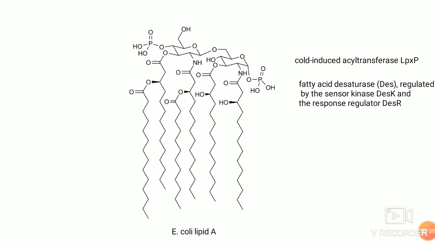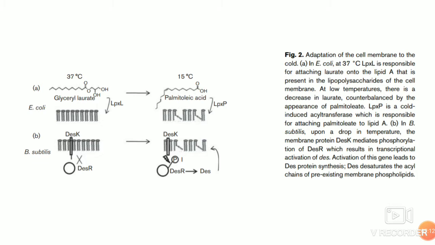In the case of Bacillus subtilis, the adaptation of membrane fluidity involves rapid desaturation of fatty acids in already existing phospholipids. This happens by induction of fatty acid desaturases regulated by the sensor DesK and the response regulator DesR. DesK has a transmembrane domain, and that is the sensor of membrane fluidity.